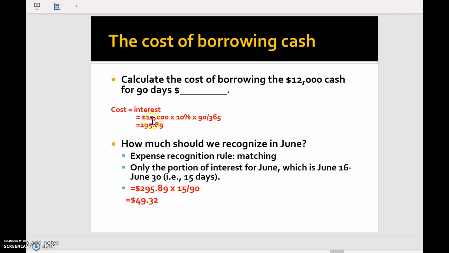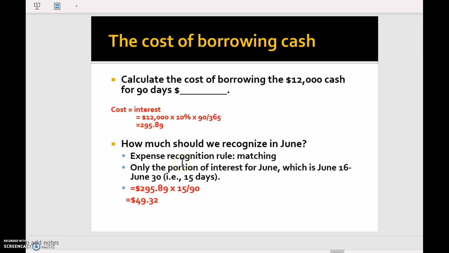So the total cost of borrowing will be 90 days out of 365 days, because this rate is an annual rate, which is 1 year. So the 1 year rate of 10% divided by 365 means the daily rate, right? And then multiply by 90 days. That means how much interest you're paying for 90 days. So the total cost of borrowing is $295.89.